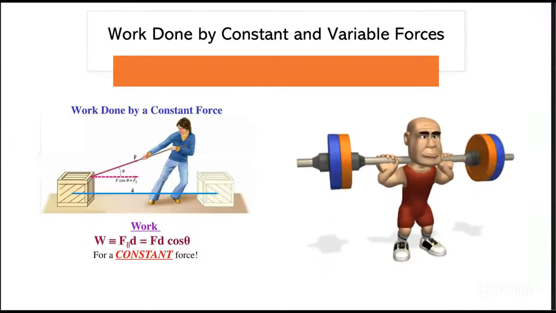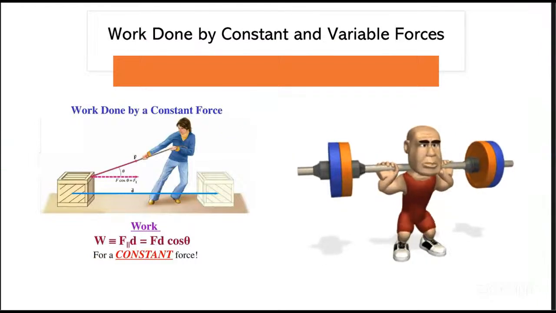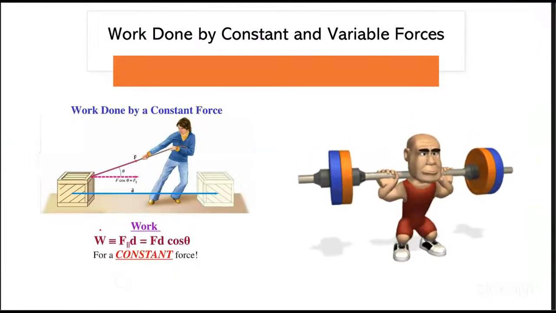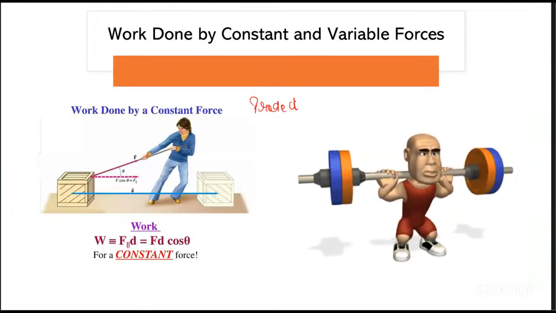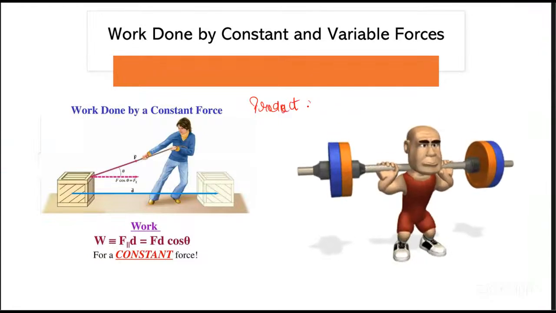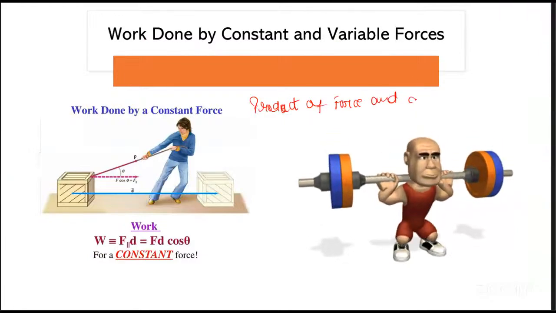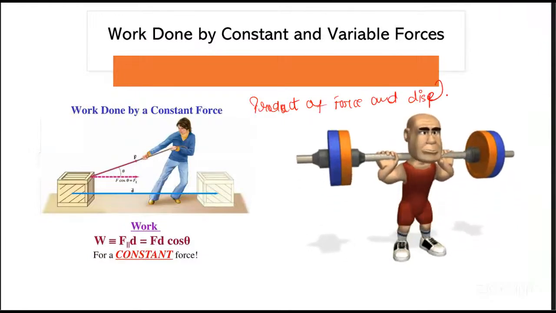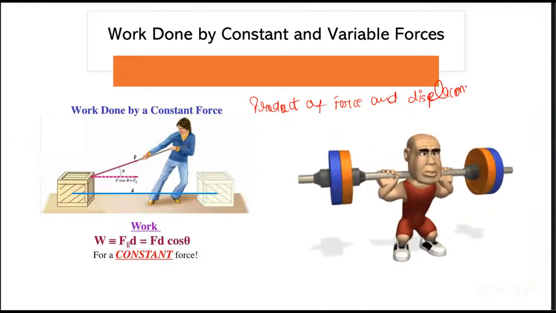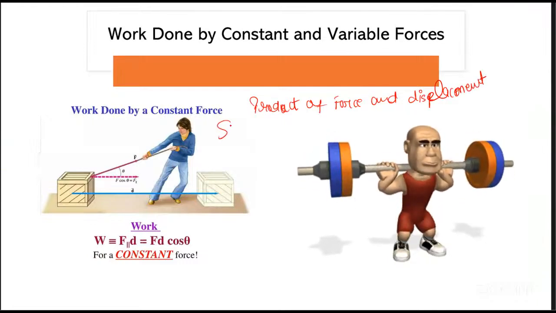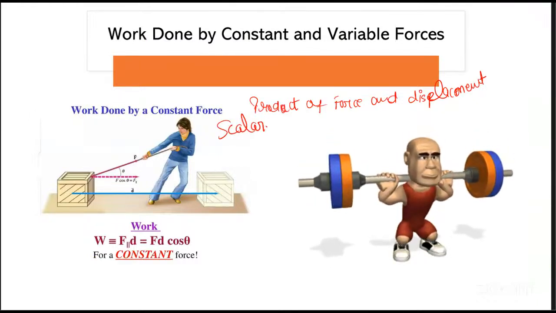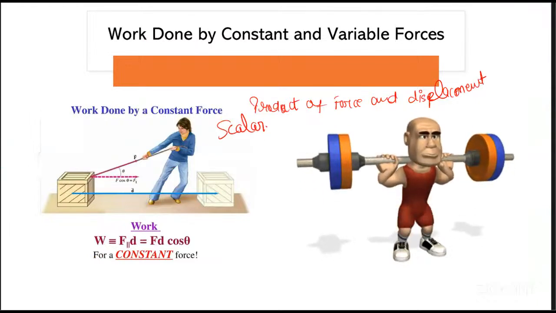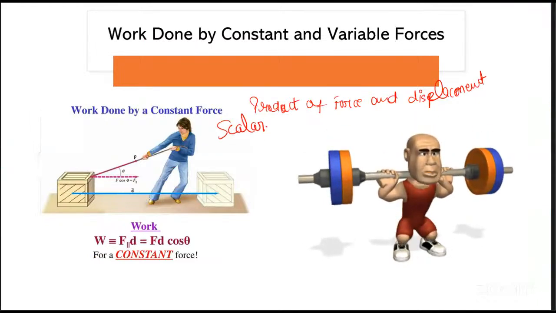If we define work done, it is the product of force and displacement. But which product? It is the scalar product or dot product. So the scalar product of force and displacement gives you work done.